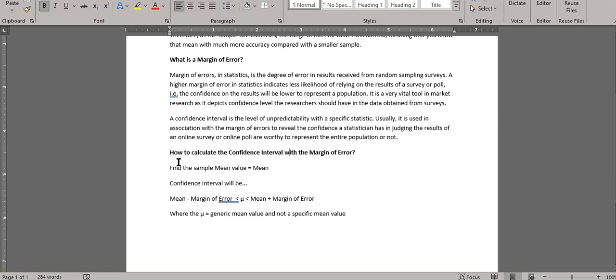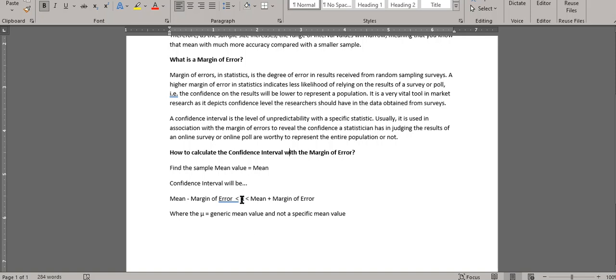So this question now is, how do you calculate the confidence interval with the margin of error? What you would do typically, let's say you have a range of data values, is find the mean value of the range of data values.